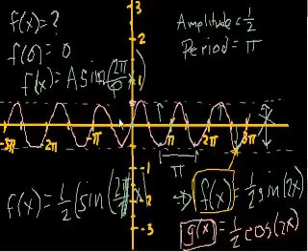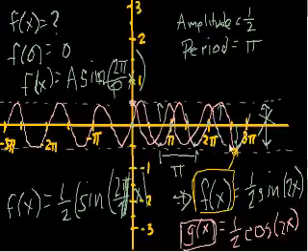And then, just like this sine function, we would have a period of pi, because it has the same coefficient here. So this will just look like this. I think you get the point. It's just like the sine function, but it's shifted to the left a bit.